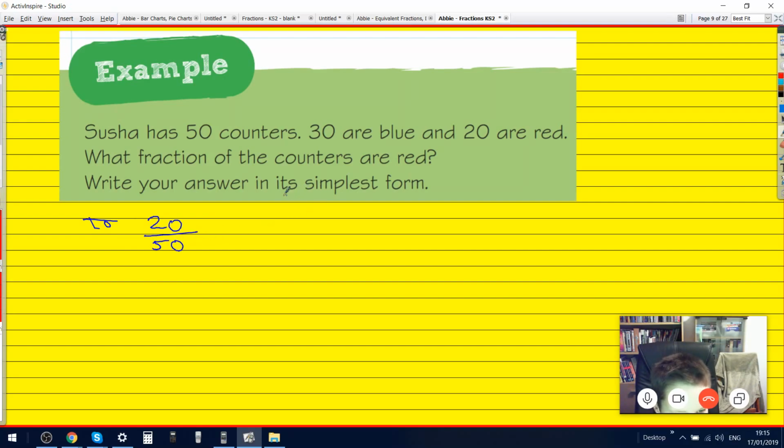And they gave you that hint there. Write your answer in its simplest form. So you can divide them both by 2 and 5. You can also divide them both by 10 as well. So what would we divide them both by? 10. Yes.